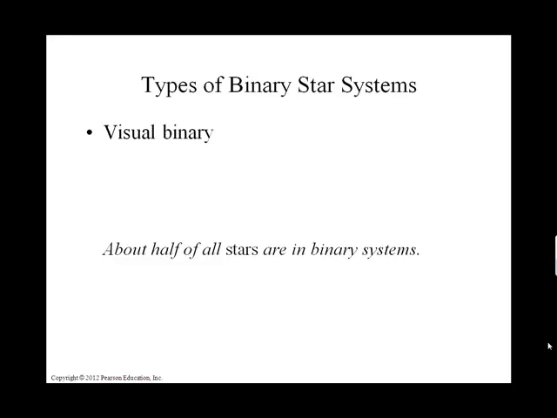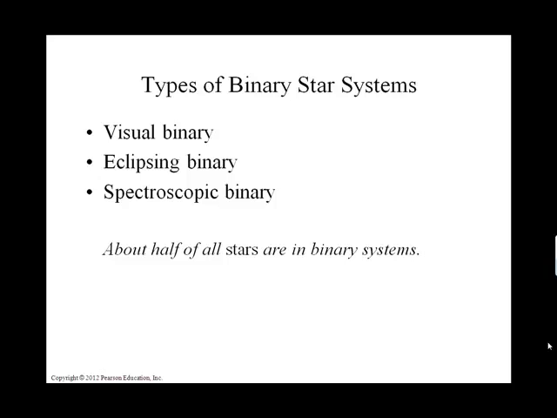So when we talk about binary stars, we have three different types of binary stars I'm going to talk about. We have the visual binary, where you can literally visually see that there are two stars. And then we have these two elusive binaries, where we have stars that are in pairs, a pair of stars that are gravitationally up there, but maybe they look like just one star.